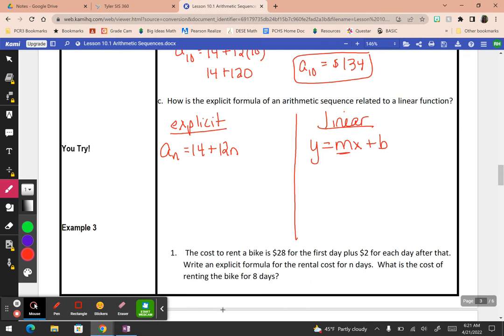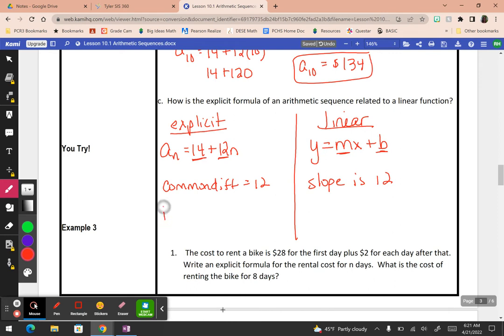So this m and 12 would be the same for slope, and 14 and b would be our amount, right? So common difference equals 12. And on here, your slope would be 12. So those are the same type of thing.